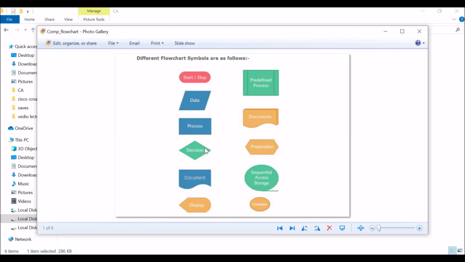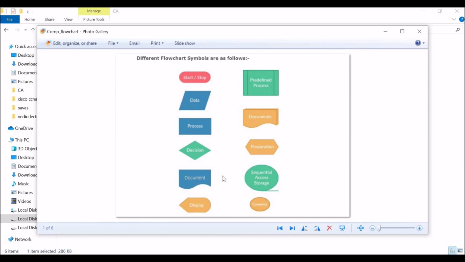A decision poses a question, and if the answer is yes, we follow one path; if it is no, we follow another alternate path. So decisions tell us, according to the answer of the question, which direction we should go or what should be done in order to achieve the solution.